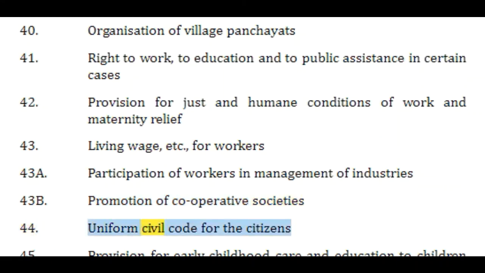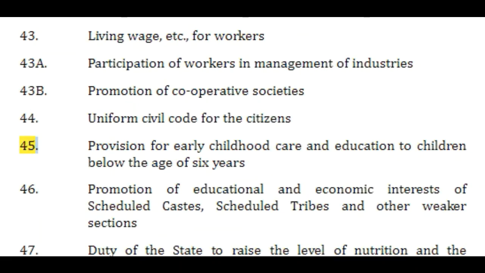Uniform Civil Code for the citizens. 45. Provision for early childhood care and education to children below the age of 6 years. 46. Promotion of educational and economic interests of scheduled castes, scheduled tribes and other weaker sections.